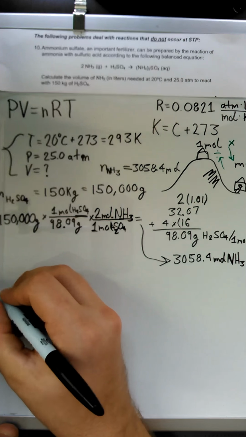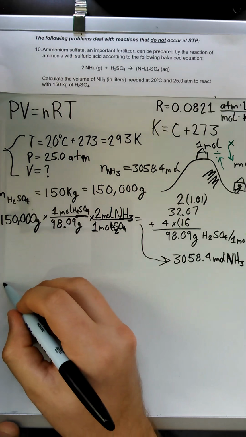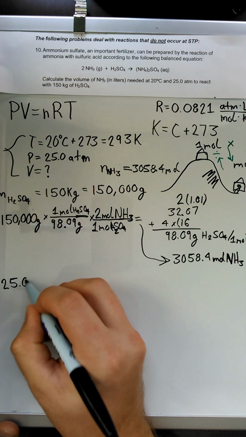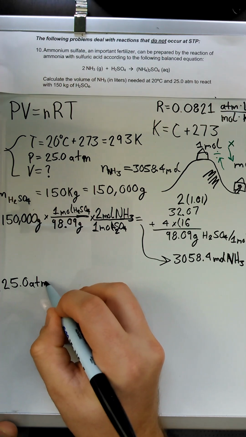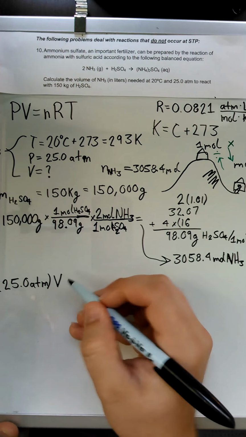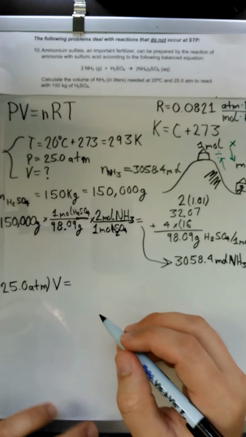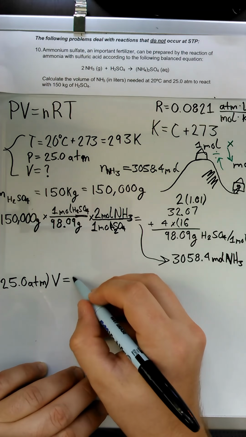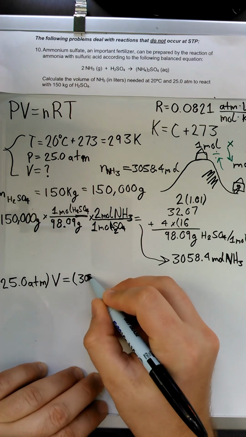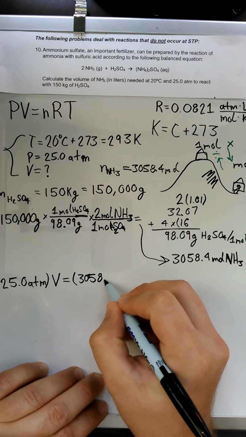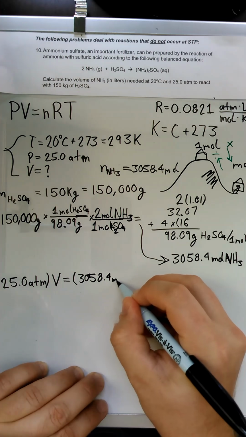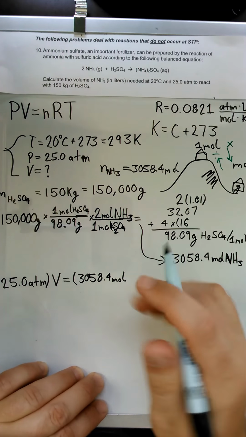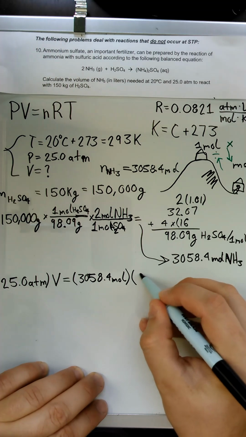So I would simply start off with my pressure being 25 atmospheres. We're solving for V, our volume, the unknown. That's equal to the number of moles, which we know is 3,058.4 moles. We know R is our constant.